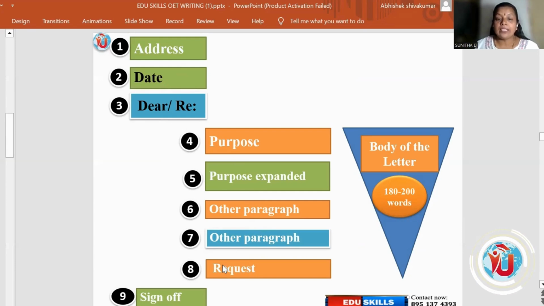Then the eighth one is the request: what are the requirements of the patient, or what is to be done by the person who is the receiver. We have to write in detail about that. And the ninth one is the signing off. So the body of the letter is 4 to 8, from the purpose till the request, where the words will be counted, and we can write a maximum of 200 words.